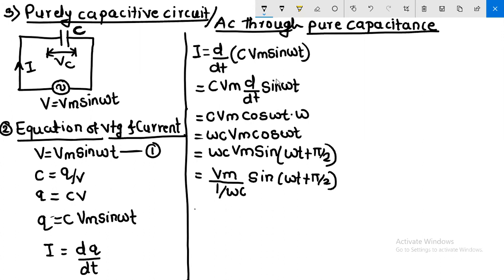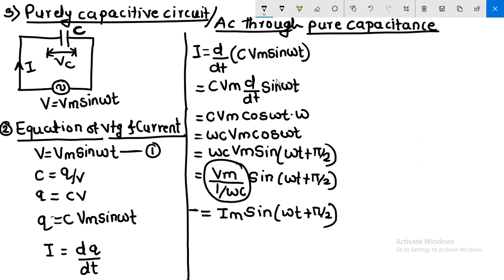Now whatever this term is, this term is nothing but the maximum value of the current, which is given by I is equal to Im sine of omega t plus pi by 2.